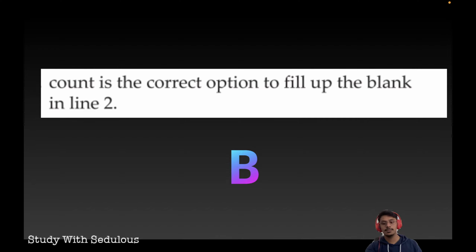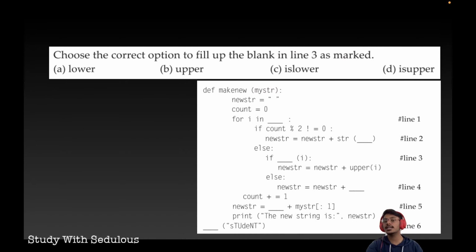Option C. Line 3, if dash I, new string is equal to new string plus upper I. When it comes to upper, do we use is lower, is upper? Or do we use lower or upper? If lower I equals something, we have to have specified, right?